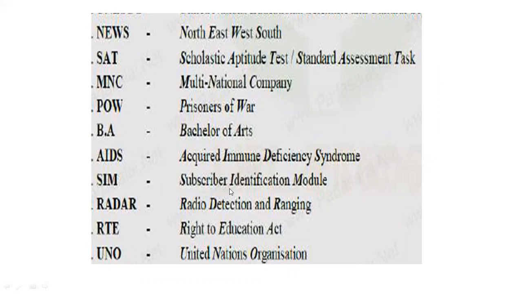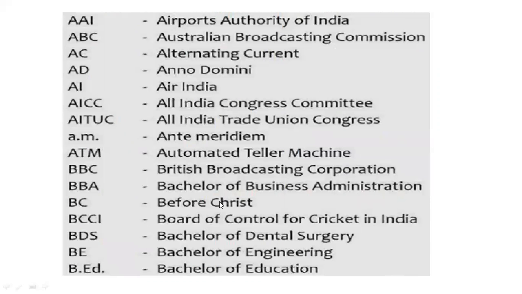SIM, Subscriber Identification Module. Radar, Radio Detection and Ranging. RTE, Right to Education Act. UNO, United Nations Organization. AAI, Airports Authority of India. ABC, Australian Broadcasting Commission. AC, Alternating Current.